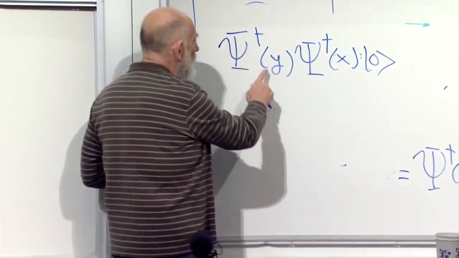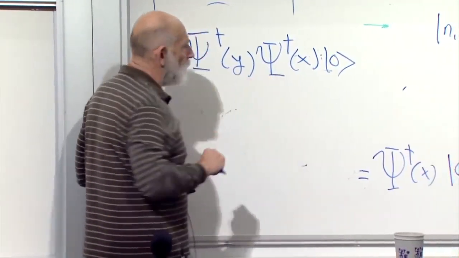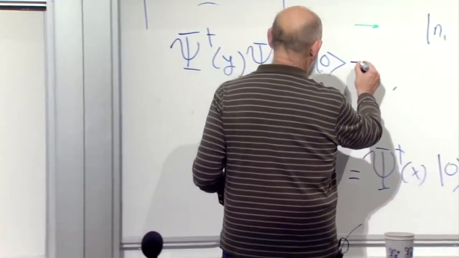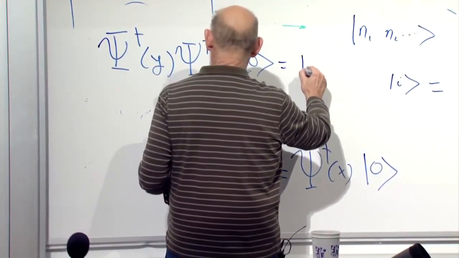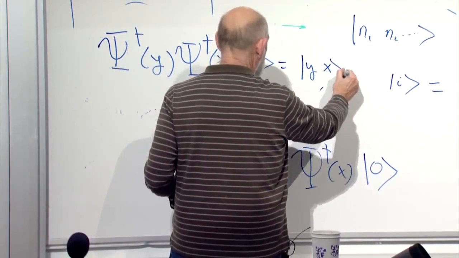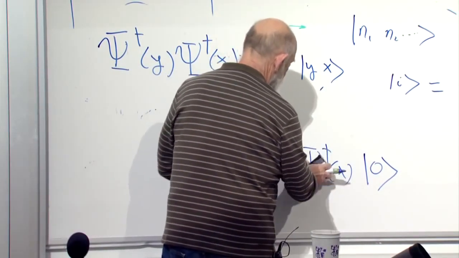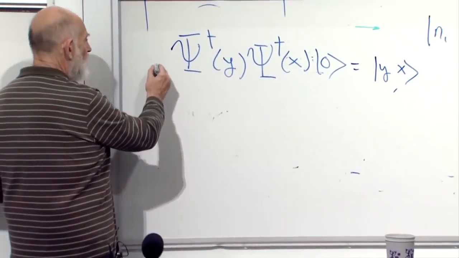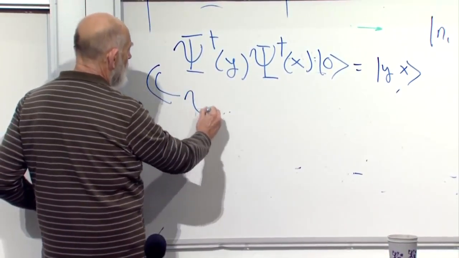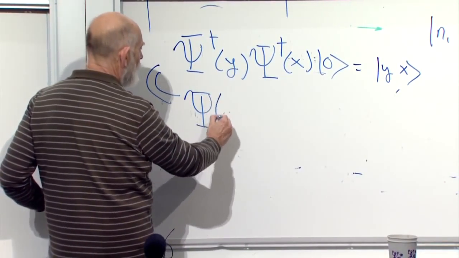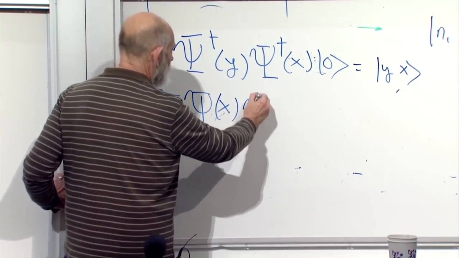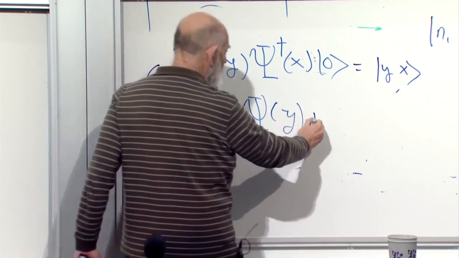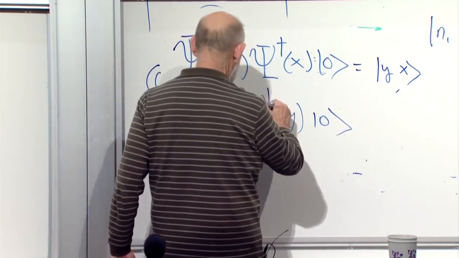That means psi dagger of y and psi dagger of x commute. Let's call this the state with a particle at y and x. Well, this is also equal to psi dagger of x times psi dagger of y on O. Dagger.